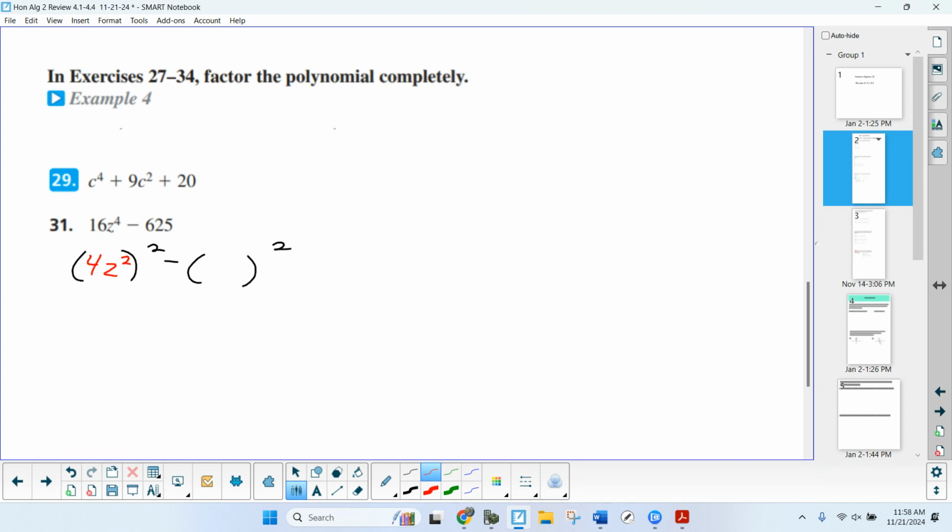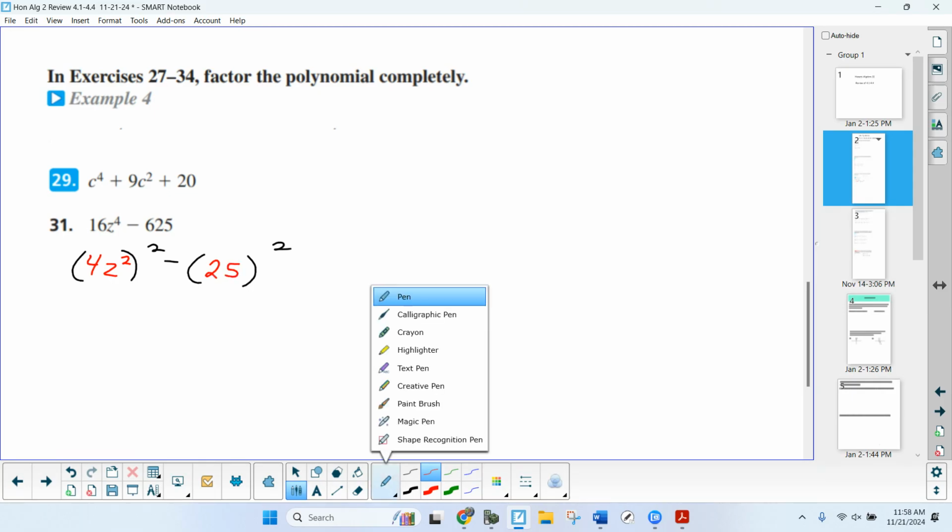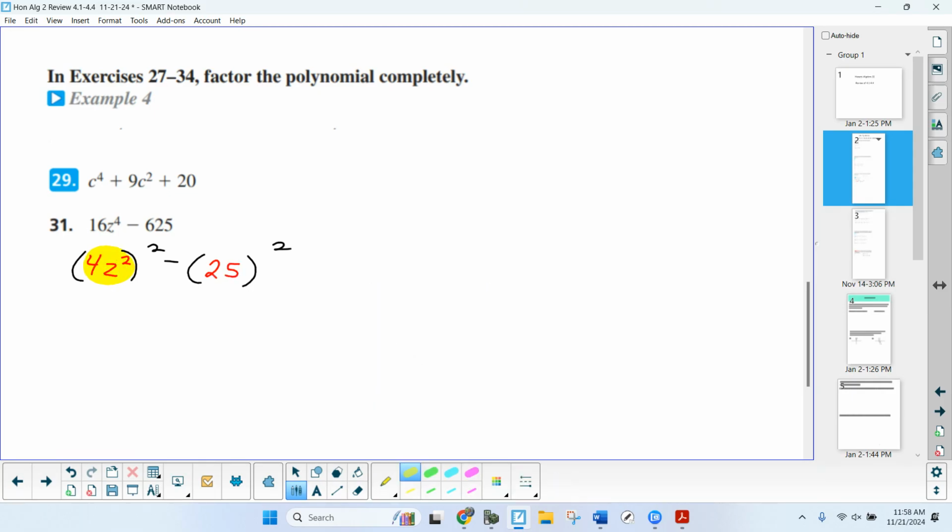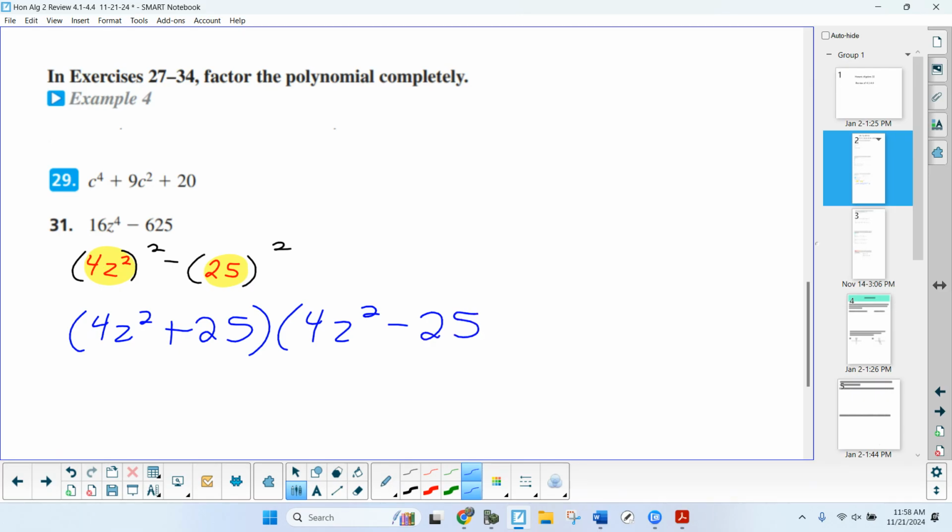And what multiplied together to give you 625? 25. So now remember, this is difference of squares. This is A, this is B. What's the formula? A plus B, A minus B. So this becomes this plus this, and this minus this. It doesn't matter what order you put those in, but there's your factors.